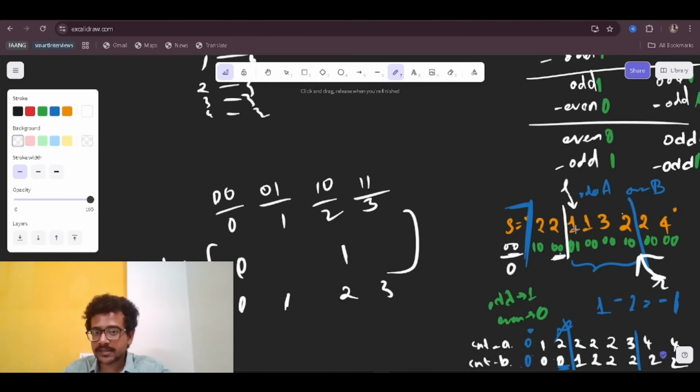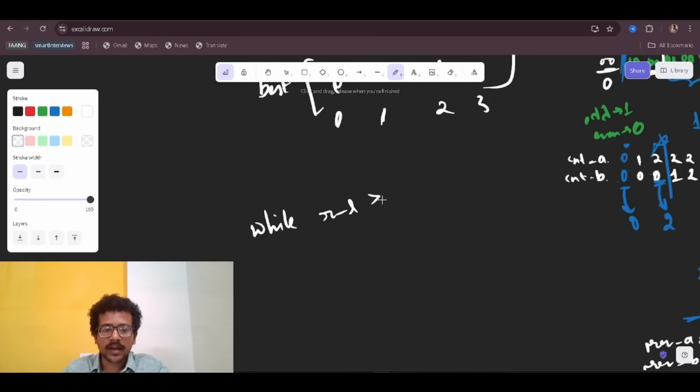If I just say this as 0, 1, 2, 3, 4, 5, then 5 minus 2 is 3, 3 plus 1 is 4. Okay, this is completely alright. So this is my L and I would stop when R minus L is greater than or equal to K.